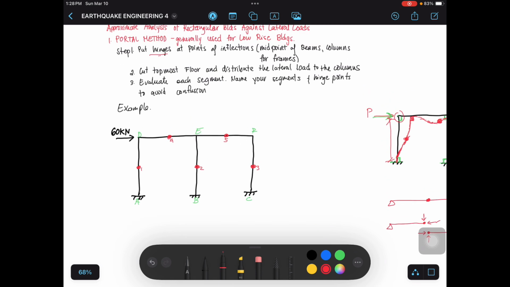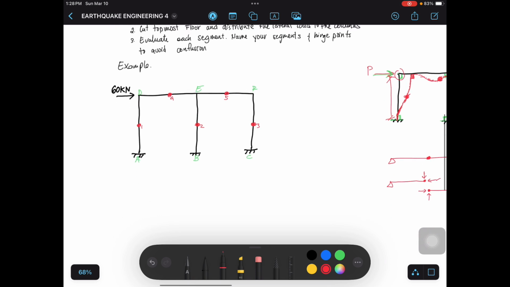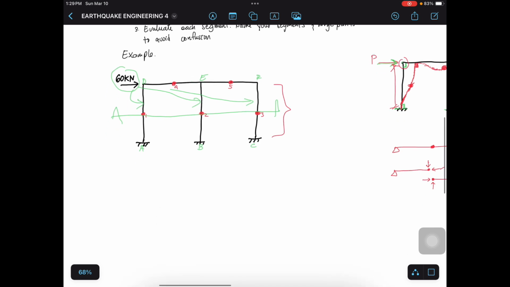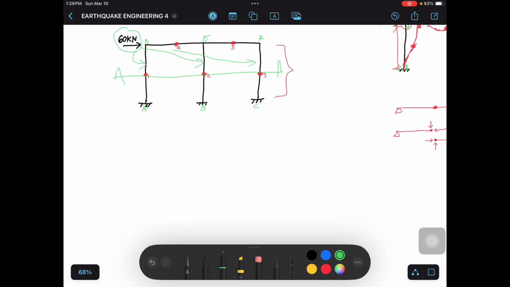Next step, cut the topmost floor and distribute the lateral load to the columns. So, since isang span lang ito, so isa lang yan, ikakat natin yan sa gitna. And then, i-distribute natin si lateral load sa mga columns. So, let's do that. I-cut muna natin siya and redraw muna natin siya na nakakat.